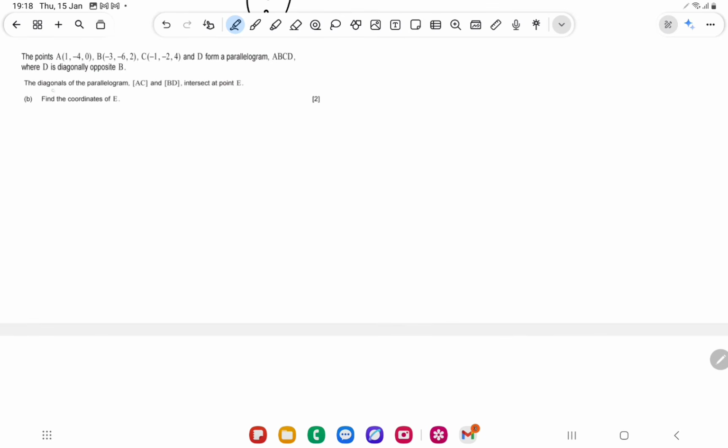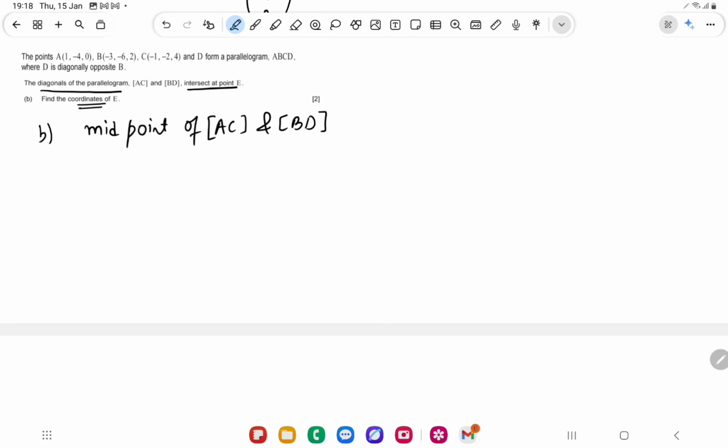Now for the B part, it says diagonals of the parallelogram AC and BD intersect at E. We have to find the coordinate of E. Now to solve the B part, since they intersect, it means E is nothing but the midpoint of AC and BD.